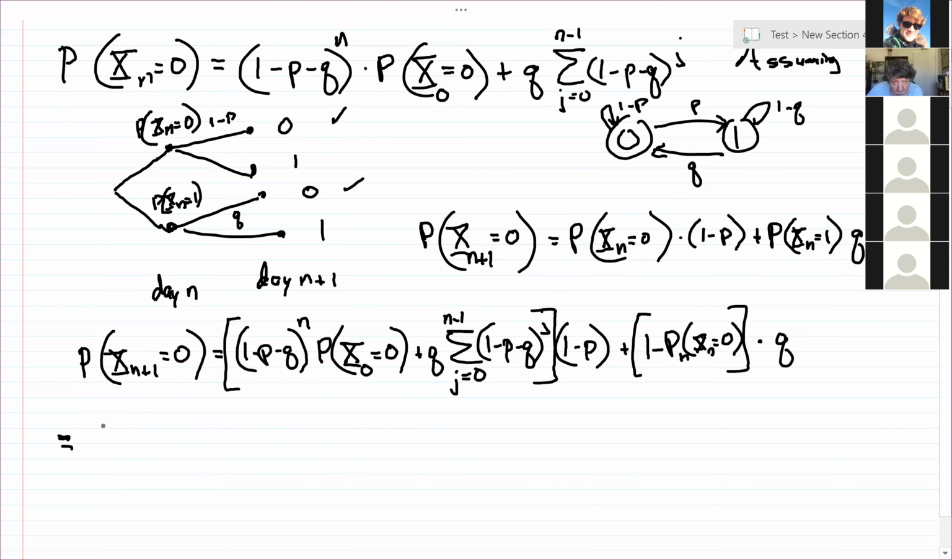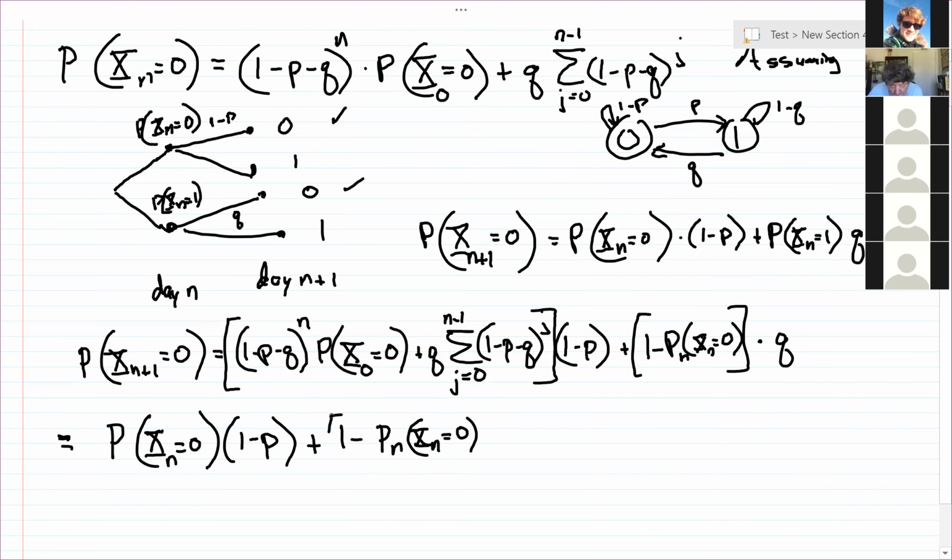So this one would be the probability that at time n you're broken times 1 minus P, plus the probability that at time n you're working, which is 1 minus pi n, times Q. Okay, and so what's easier to do here is just multiply everything out and regroup.